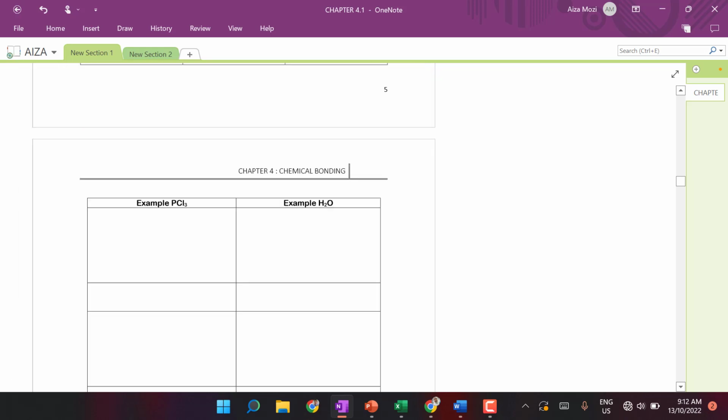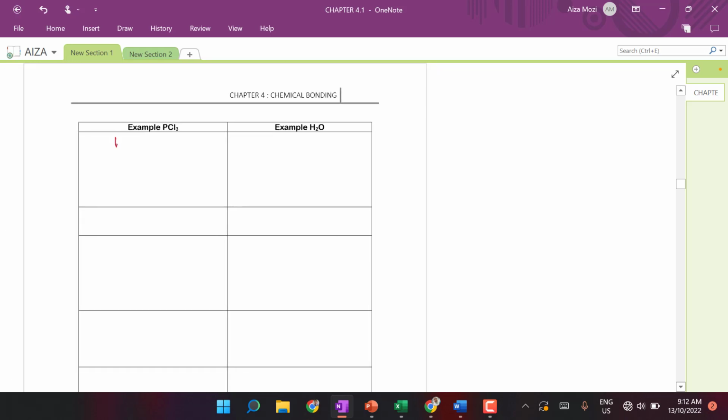Okay, another 2 examples. Phosphorus has 5 valence electrons. Then 3 times Cl, so 3 times 7. So the total is 26. Phosphorus and chlorine: phosphorus is the least electronegative. Then we draw the skeletal structure and octet the terminal atoms.